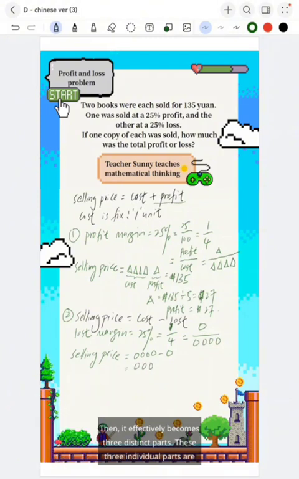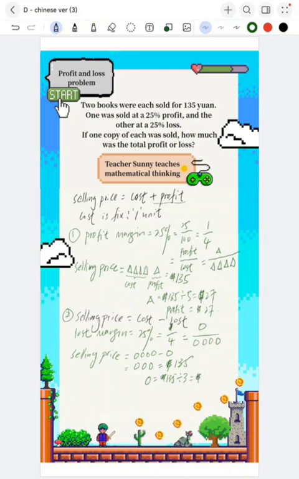These 3 parts are collectively equal to the total selling price, which is 135 yuan. So 135 yuan divided by 3, split evenly into 3 equal parts. Therefore, one part is exactly 45 yuan. This is the loss. So we can clearly see from this that the loss is greater than the profit.